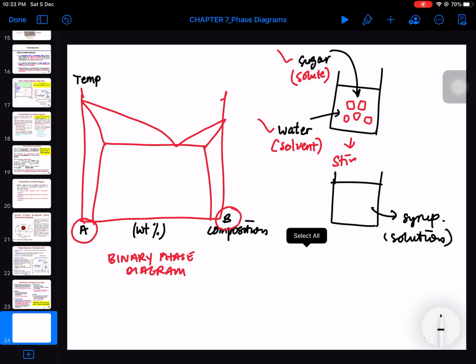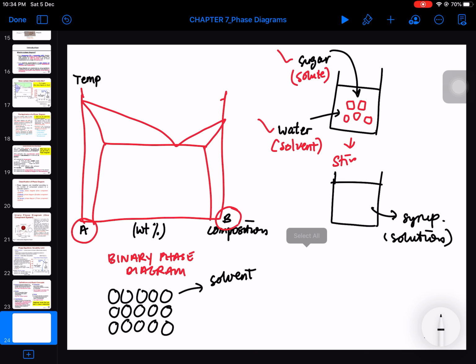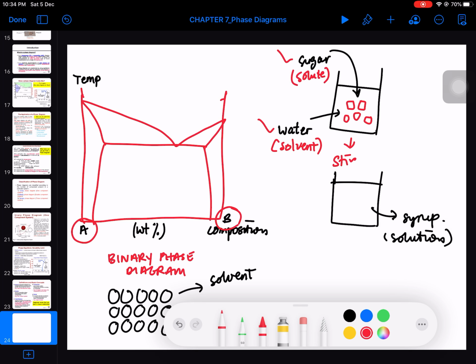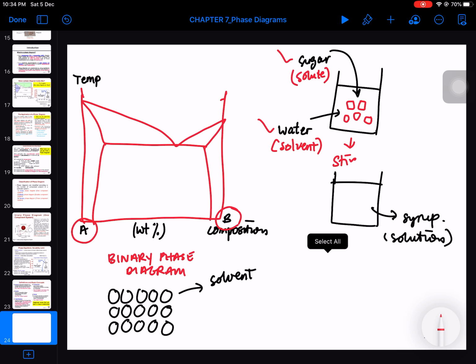The same thing goes for solid. For solid, we have the atoms, let's say, and this atom is now the solvent or the host. We're going to add a few of the solute atoms.